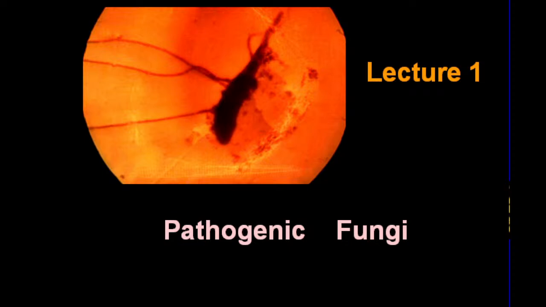You can see a picture gotten in our department in some studies from the human blood. And you can see here the macroconidia of the pathogenic fungus with many spores that germinate and produce hyphae.